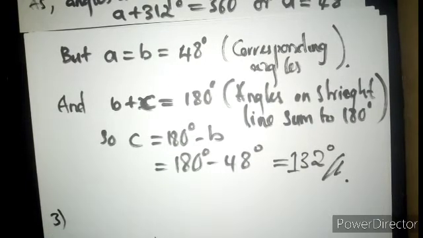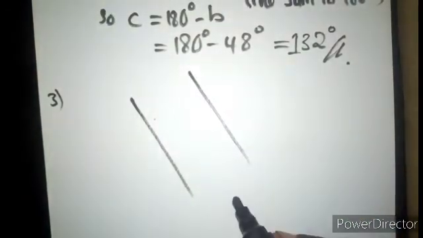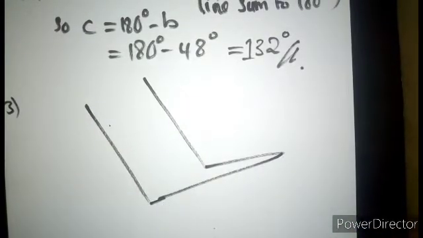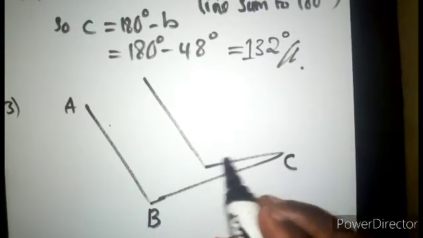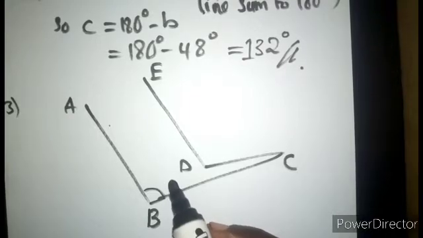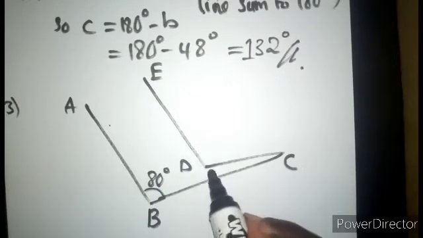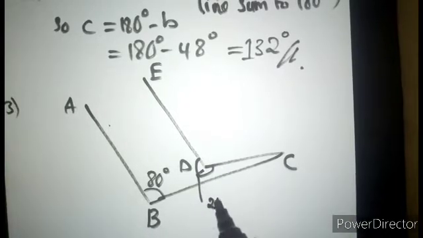Let's take another one. Question 3. If you are given the illustration, you are told that this is A, B, C, this is D, and this is E. You are given this angle to be 80 degrees, and you're also given this reflex angle to be 241 degrees.